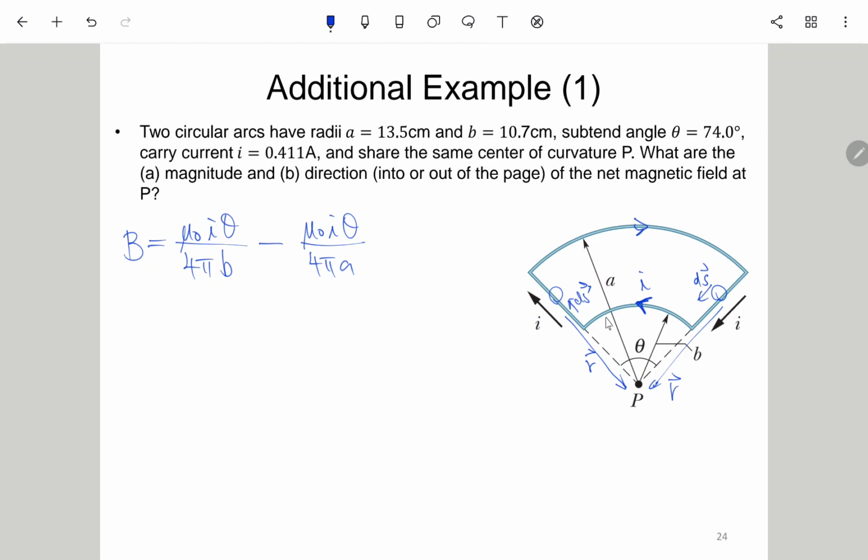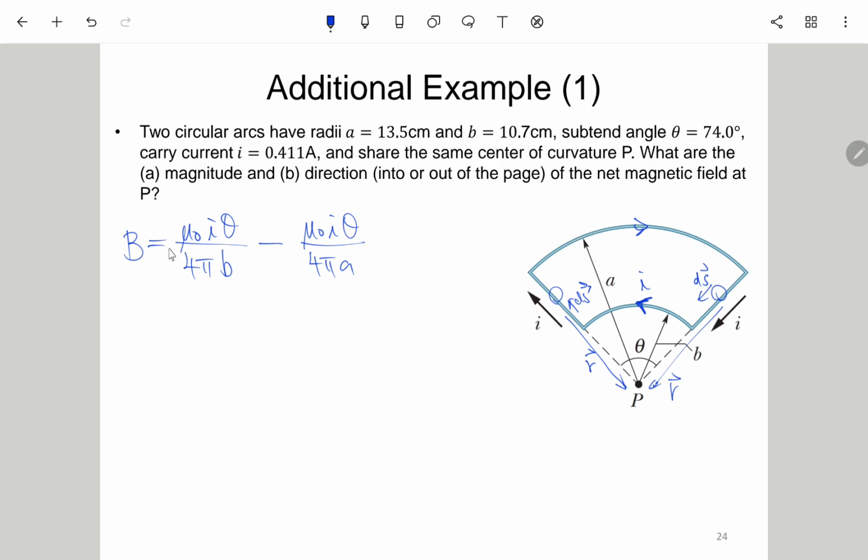For the B field generated by the shorter one, you use your four fingers to follow the direction of the current, and your thumb will be pointing out of the page. For the longer one, you use your fingers following the direction of the current, and your thumb is pointing into the page. So the B field generated by this part is out of the page, and this part is into the page.